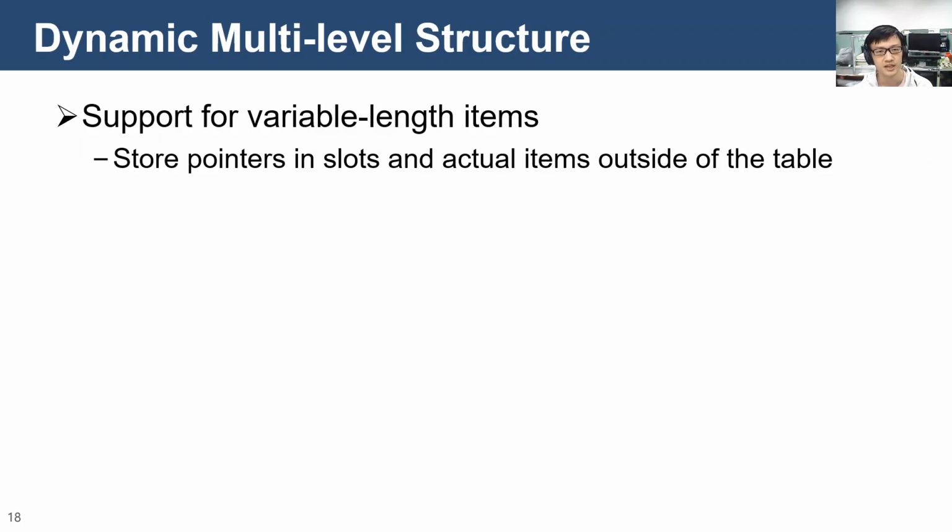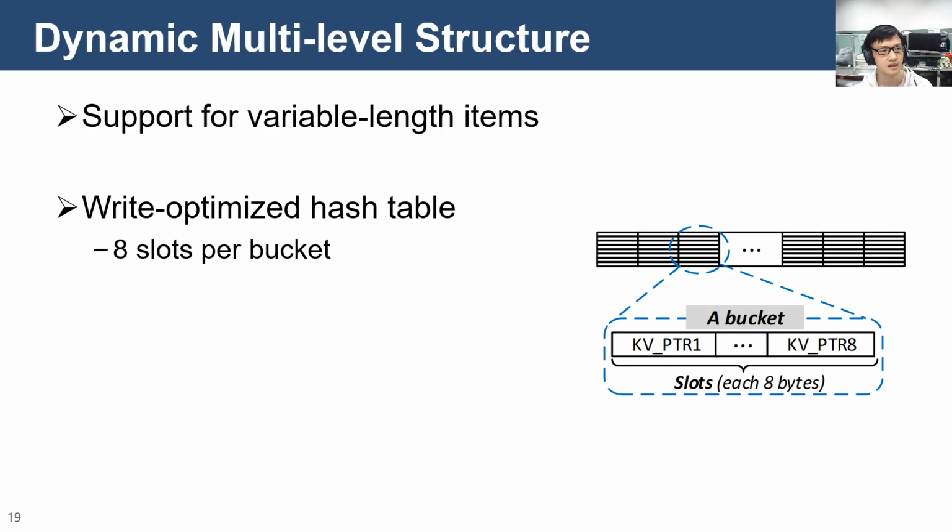In real-world applications, the key-value items are of variable sizes. To support variable-length items, we store pointers in slots and actual items outside of the table via dynamic memory allocation. In order to achieve high load factor with low write overheads, clevel hashing takes three techniques to address hash collisions.